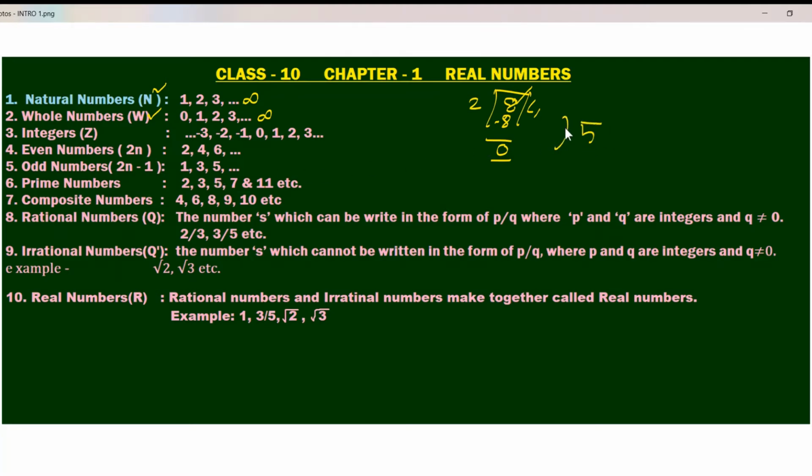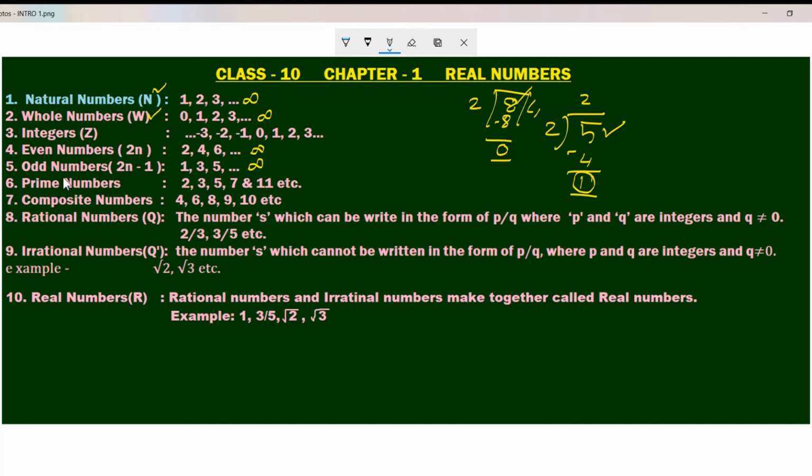We need to divide it by 2. 2 2s are 4, and then we need to subtract, we get 1. Got it? So the number which when divided by 2 leaves the remainder 1, those numbers we will call odd numbers. So 5 is an odd number. This is also endless and this is also endless.